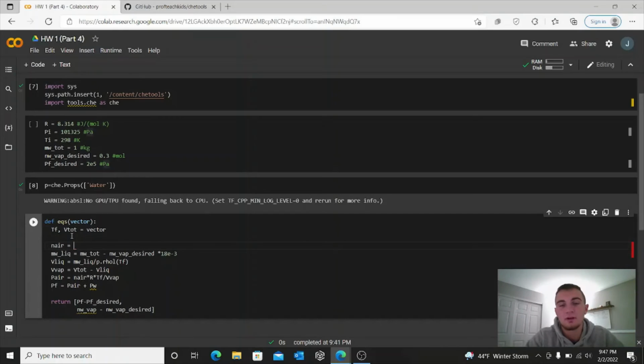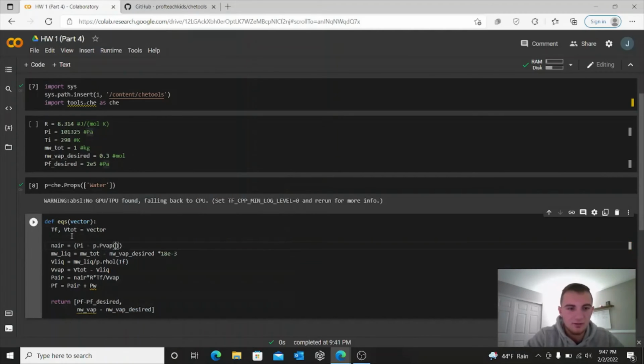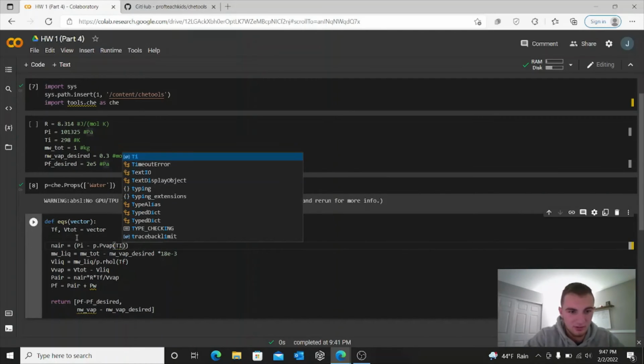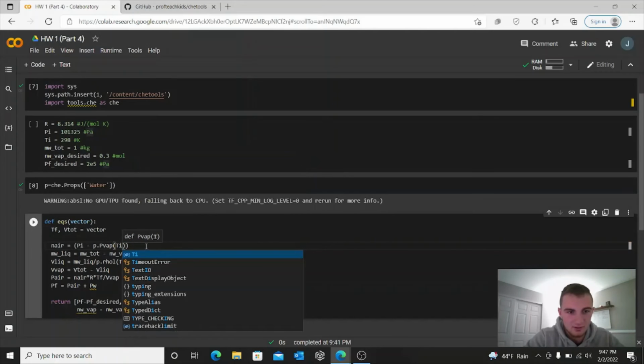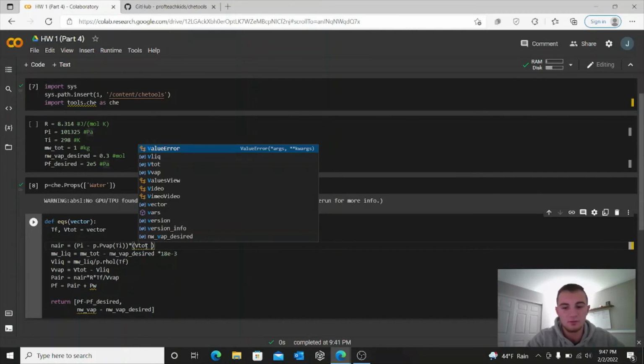So the number of moles of air, again, using PV equals nRT, and looking at the initial situation, we had the total initial pressure minus the partial pressure of water. So here, again, we can use the code that we have downloaded in. If we do P dot PVape, this will give us the vapor pressure of water. We want this at the initial temperature, so we'll do Ti. And this is multiplied by the volume of the vapor phase, which we know is V total.